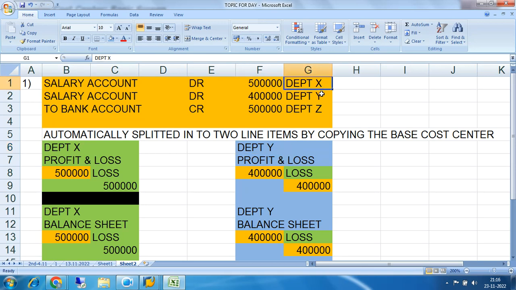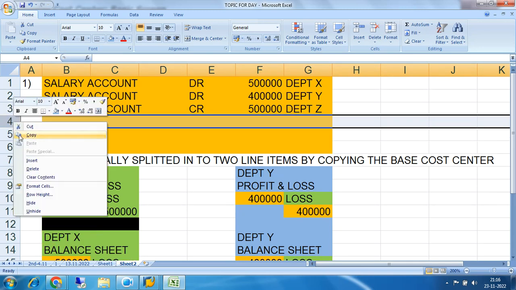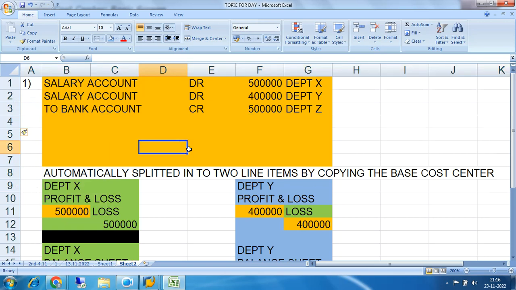See, there are three departments: department X, department Y and department Z. So for this transaction, how will the profit and loss account and balance sheet of department X, department Y and department Z be prepared? How will this be prepared? This is where the zero balance clearing comes into the picture. So let us see how it happens, how the zero balance clearing account is used for this purpose.